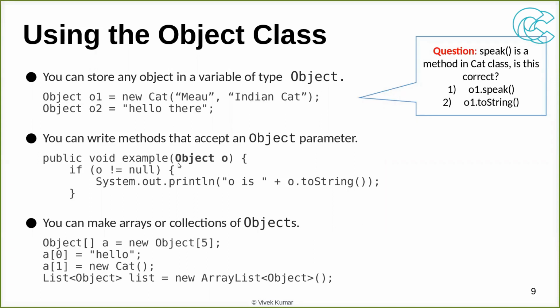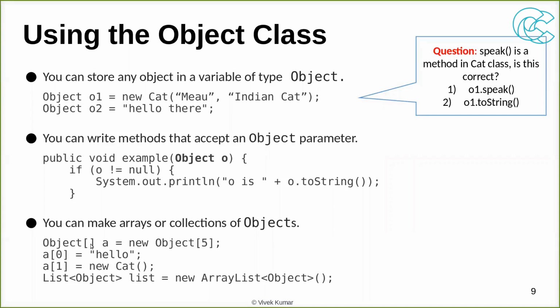Okay, so now you can have methods which take in object, and as we discussed, you can also pass cat, but you have to typecast it. And you can also use that in arrays and collections. So you can make an array of object, and within this you can place anything, right?